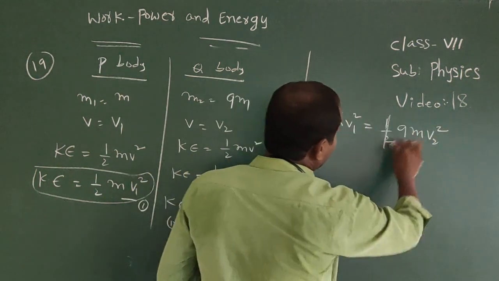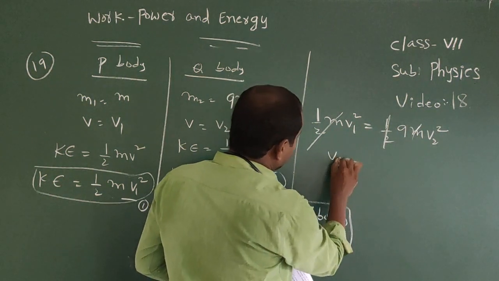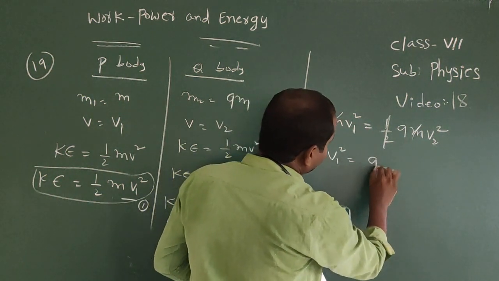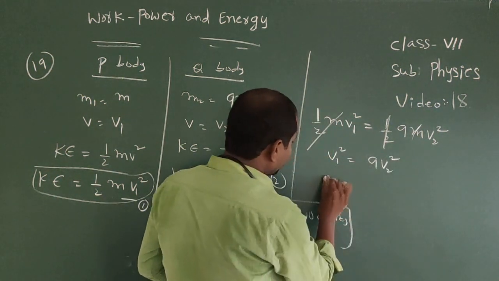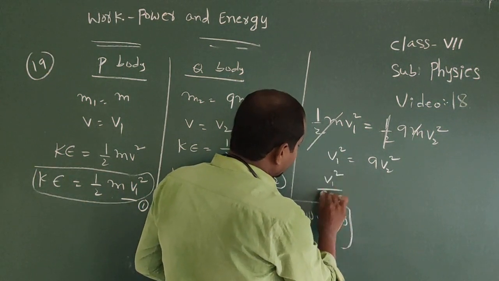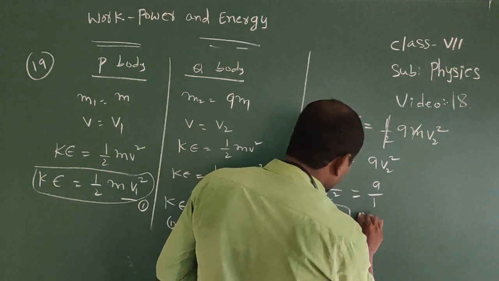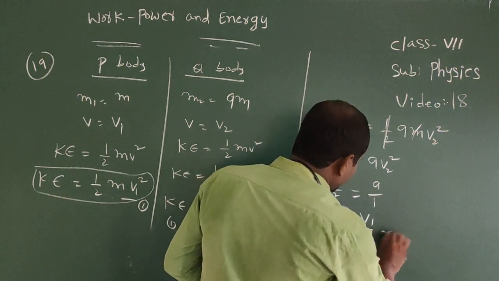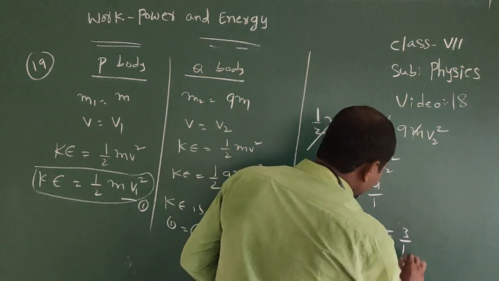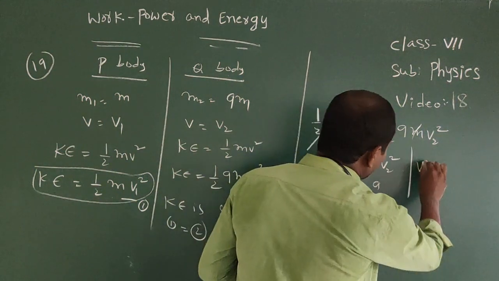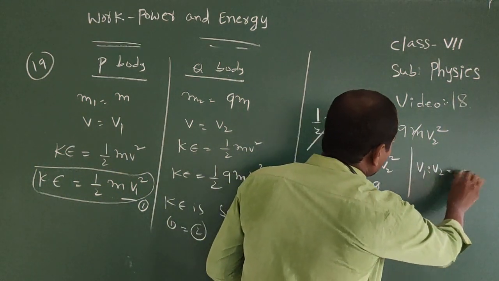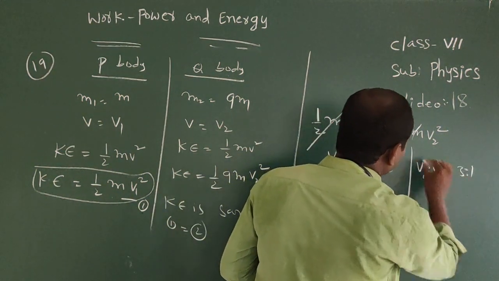Half M gets cancelled. V1 square equal to 9 into V2 square. So V1 square by V2 square equal to 9 by 1. Therefore V1 by V2 equal to 3 by 1. That means V1 is to V2 equal to 3 is to 1.